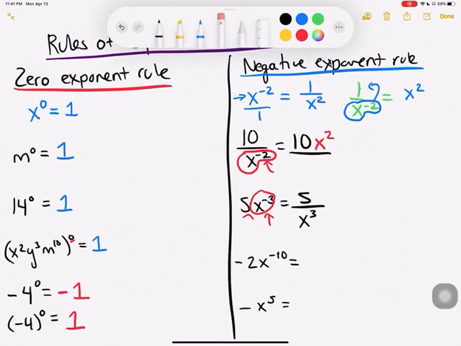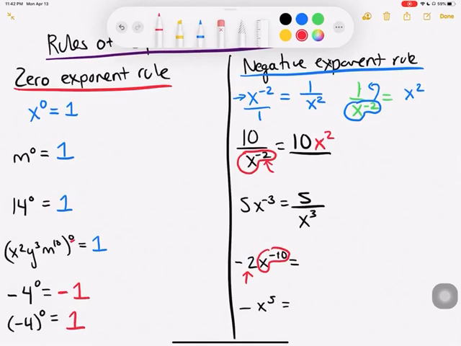Okay, so for the next example, negative 2x to the power of negative 10. Again, I have to identify what has a negative exponent. And the only thing that has a negative exponent is x. This 2 over here, that's not a negative exponent. It is a negative sign, but it's not going to migrate because this is not a negative exponent, because these are rules for exponents only.